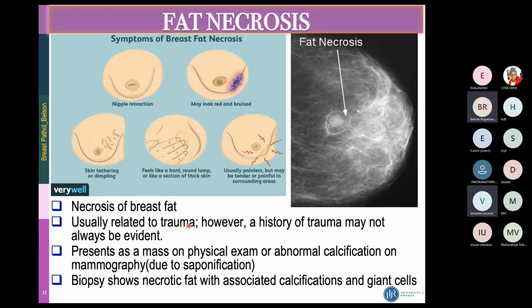Usually it is related to trauma, but often the patient comes and says she has had no trauma, no one hit her or bit her, nothing happened. So sometimes there is no history of trauma. It presents as a mass on physical examination or abnormal calcifications on mammography.